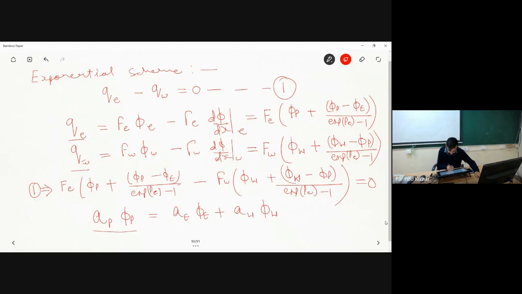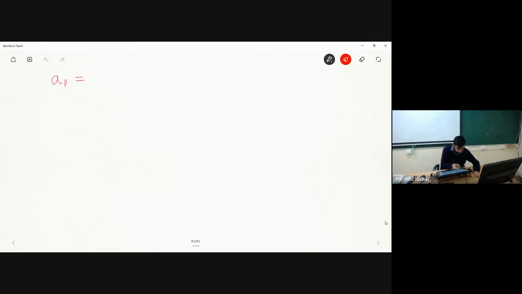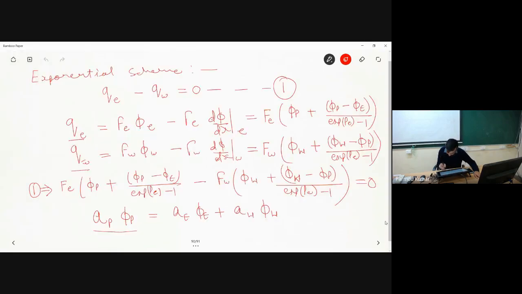Please tell me the value for AP. It will be FE plus FW. This minus minus will become positive, so it will become FE plus FW.